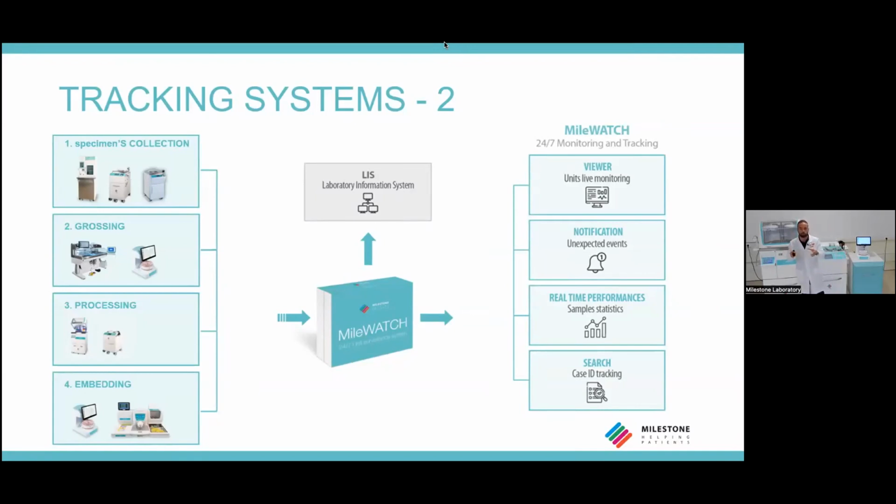So the operator can monitor the unit status, the performance, or download reports in real time. And finally, with the search function, it's very easy for the operator, the person on duty, the pathologist, to retrieve all the information related to a single case or case ID and have the complete history of the specimen journey.